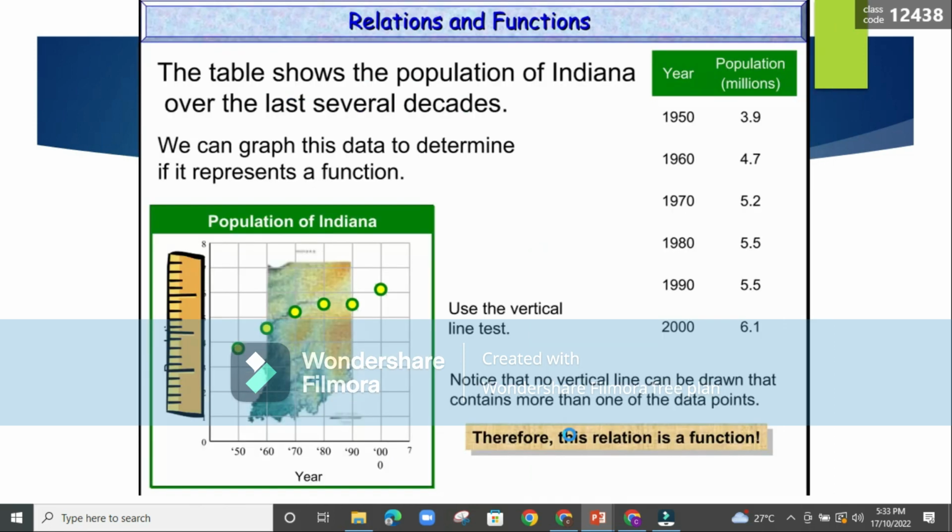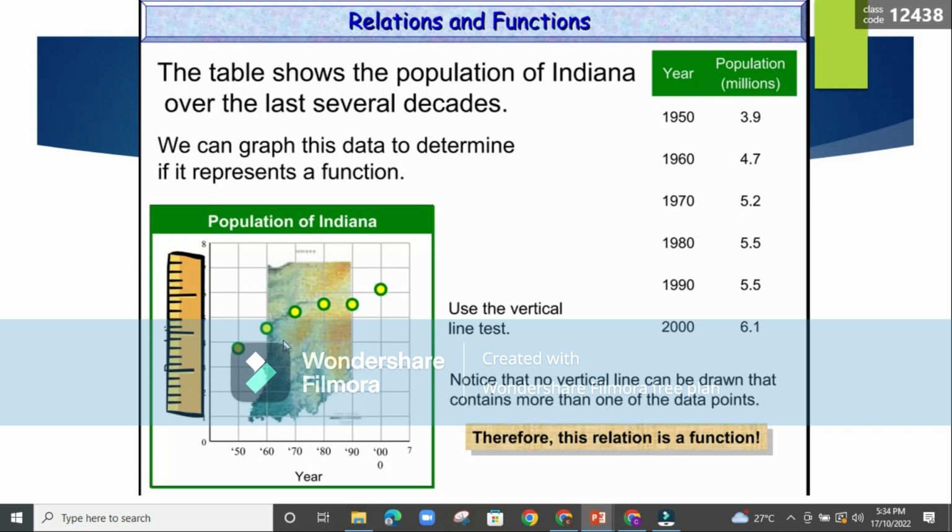Okay, let's proceed. Now the table shows the population of Indiana over the last several decades. We can graph this data to determine if it represents a function. You have the year in the first column and the population in millions in the second column. Then we plotted this table of values in this graph. The x coordinates are the corresponding years, and this one is the population in millions.